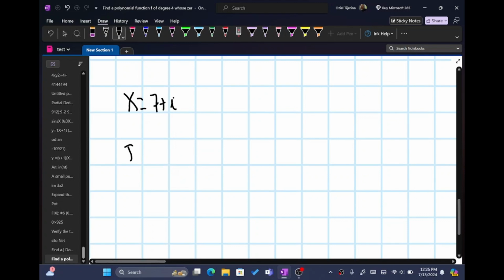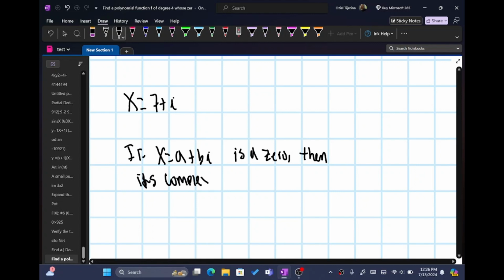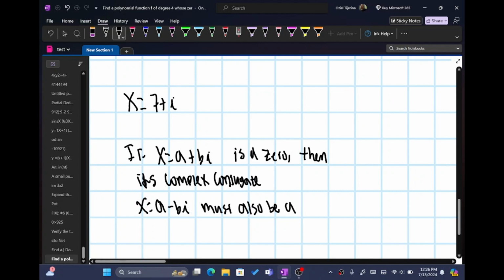If x equals a plus bi is a zero, then its complex conjugate, x equals a minus bi, must also be a zero of f of x.